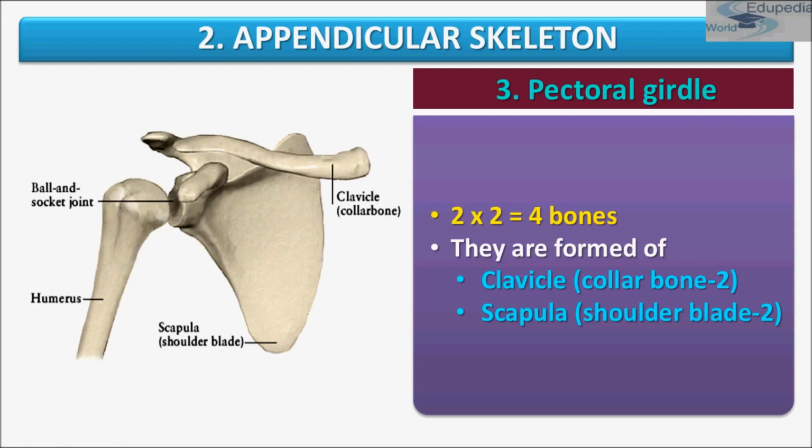Scapula, you can say, is a triangular flat bone. As you can see, this is a triangular flat bone which shows 2 surfaces, 3 angles and 3 borders. It forms the posterior part of the shoulder girdle, and it lies at the back of the thorax, superficially to the ribs.